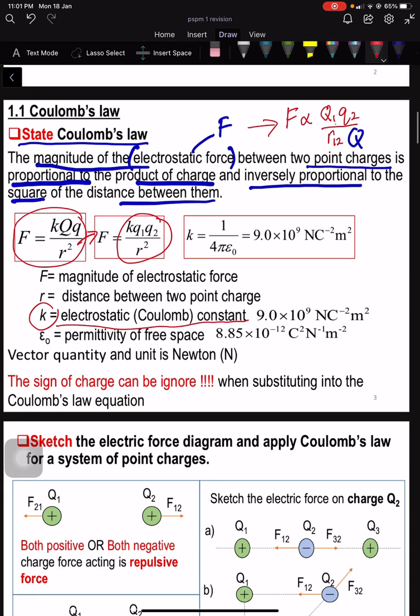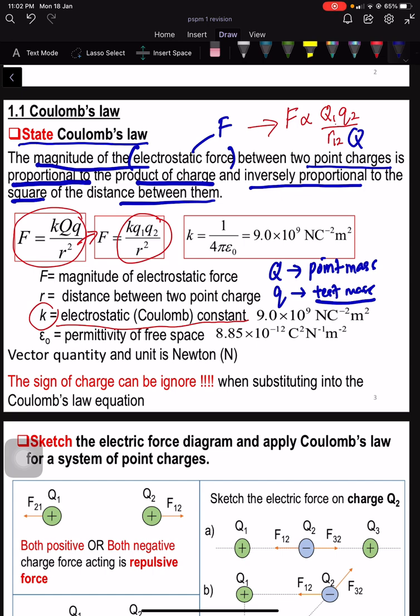So why do we have two types of Q here, capital Q and small q? Actually, we want to differentiate between them, because capital Q is known as the point mass and small q as the test mass. The test mass is the mass that is always tested by a point mass.